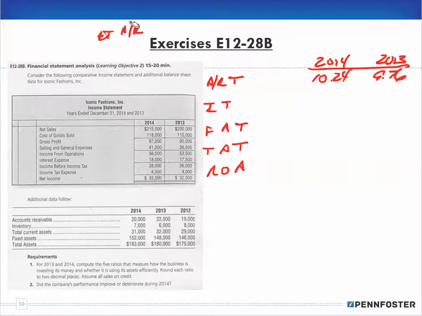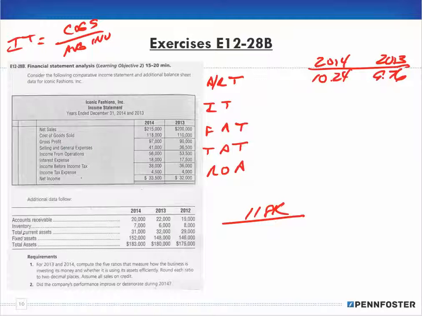All right, so our next one is our inventory turnover. Inventory turnover is equal to the cost of goods sold over average inventory. So for 2014, what's my cost of goods sold? 118,000, and that's over my average inventory.